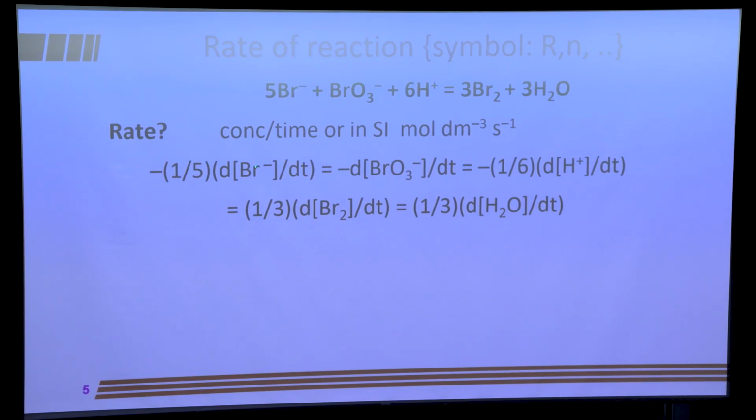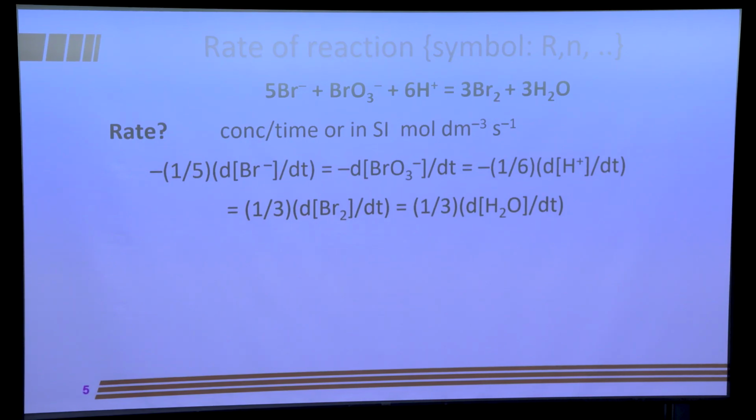And so d[Br minus]/dt will be negative, and minus times minus will then be positive. So the rate is always positive. If something's happening, it's positive. And then we have minus d[BrO3 minus]/dt with respect to time, or minus 1/6 d[H plus]/dt with respect to time.